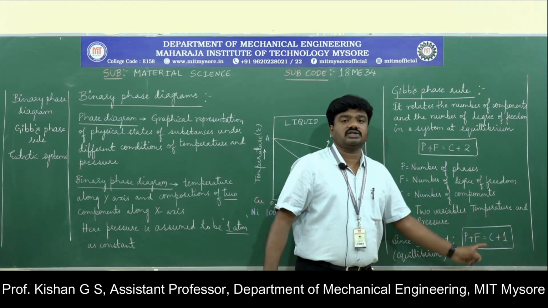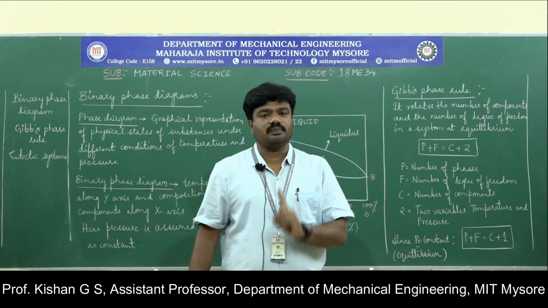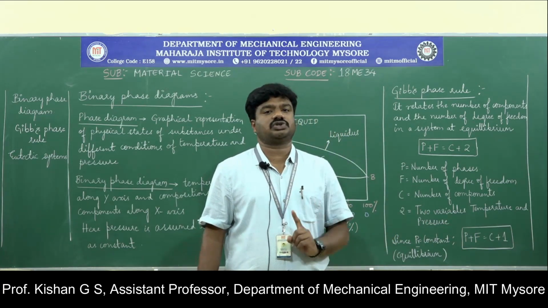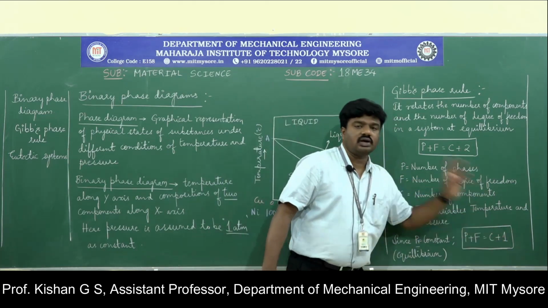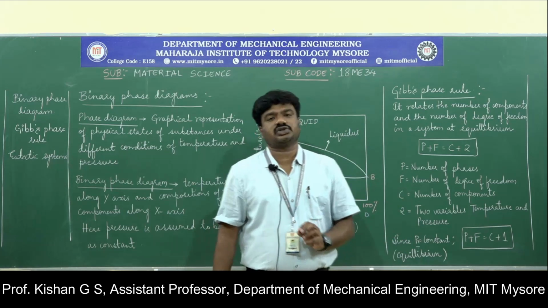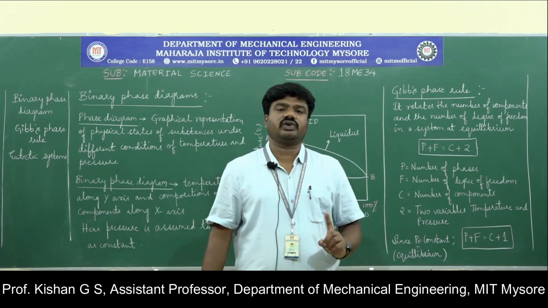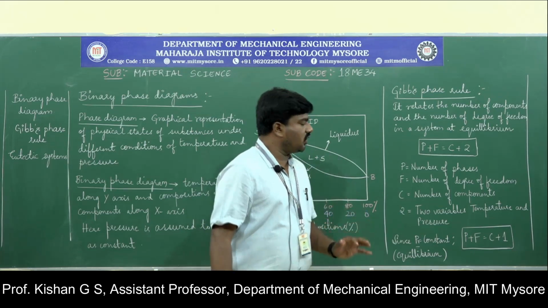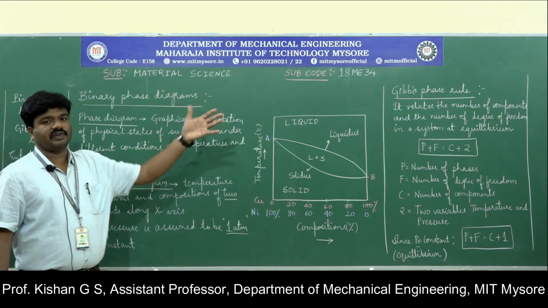Remember this, the 1 is not atmospheric pressure, it is one variable, that is temperature, which is accounting for the mixture of two components. So, this 2 is turned into 1 basically due to the consideration that atmospheric pressure is constant in the equilibrium condition. So, this is about the binary phase diagrams and Gibbs phase rule.